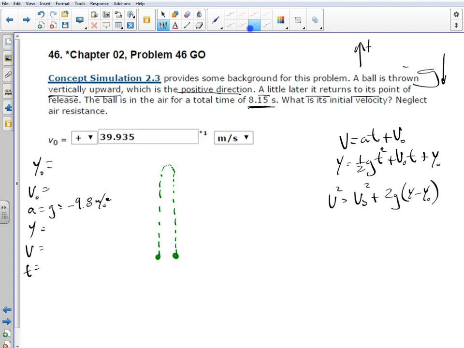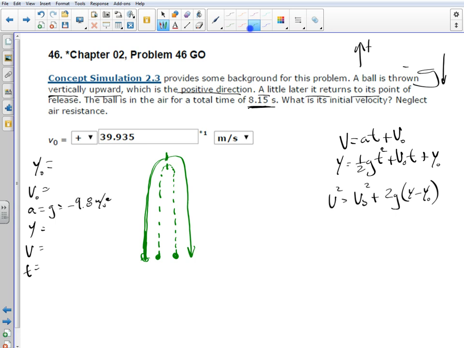There's a few ways to look at this. The total time in the air is from here up till it stops and then back down again. That's the total time that they're talking about. So I can think of two ways to handle this. I think maybe the simpler of the two ways is to consider just half of the trip from here to the top.